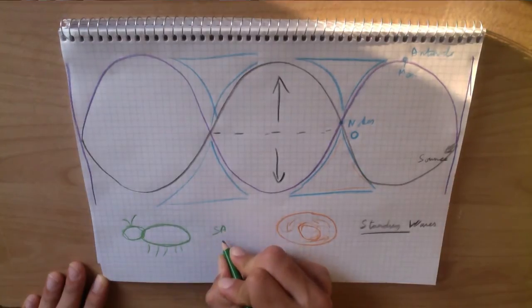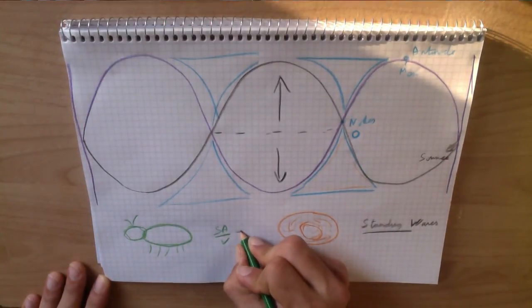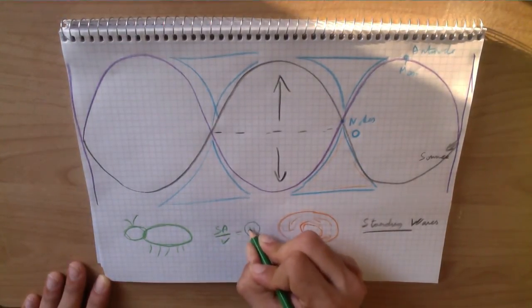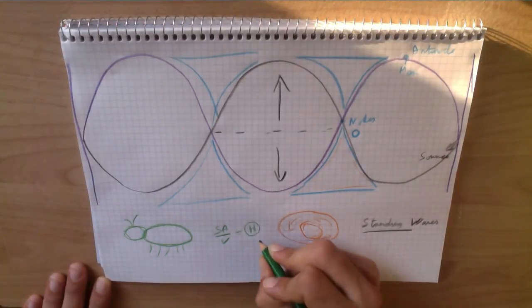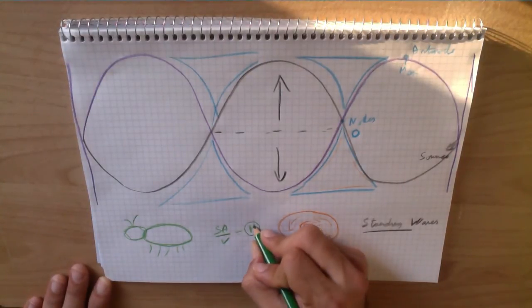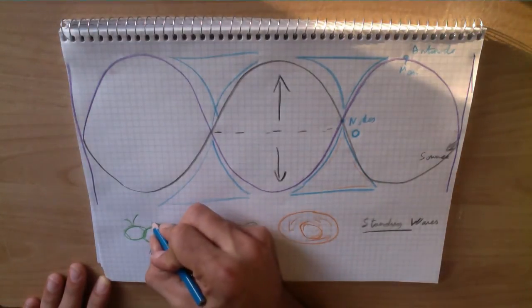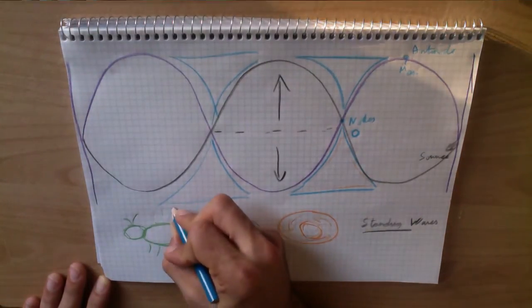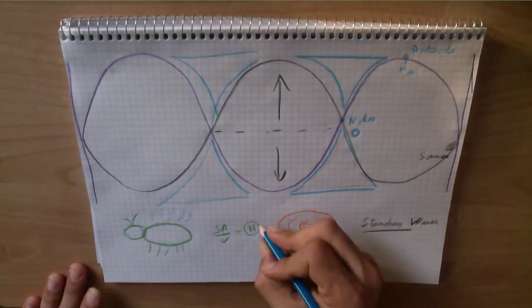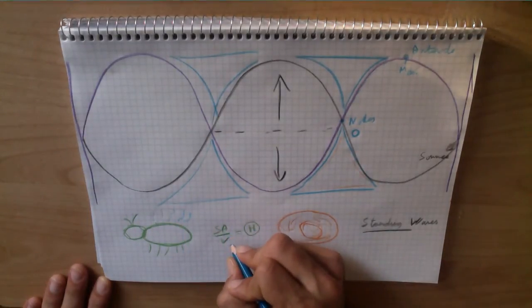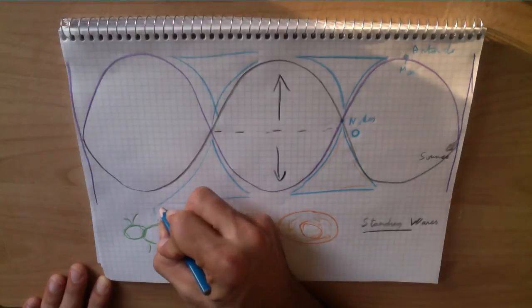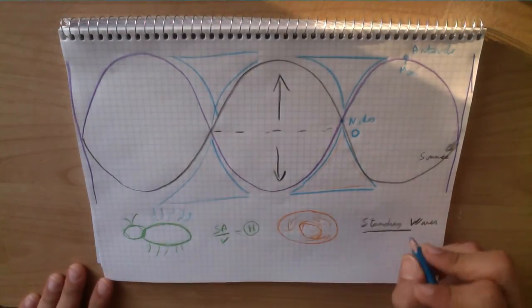So its surface area to volume ratio is extremely high. Now the characteristic of a high surface area to volume ratio is that the ant loses a lot of body heat very quickly. All animals with a high surface area to volume ratio lose energy or heat very quickly.